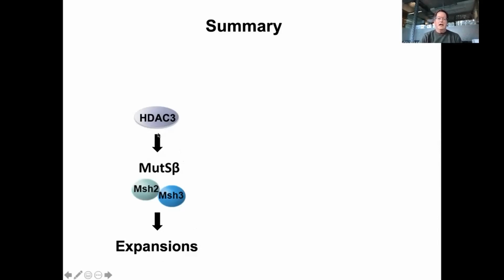So in this model, HDAC3 has to turn on MutS beta, and MutS beta can then go ahead and contribute to expansions. What we've also discovered is a small molecule inhibitor called RGFP966, and this inhibitor targets HDAC3 and blocks that deacetylase activity. In doing so, it can block this activation of MutS beta and block expansions.